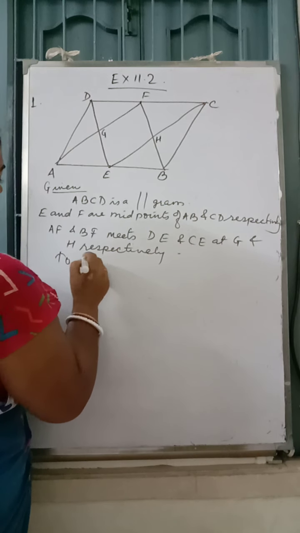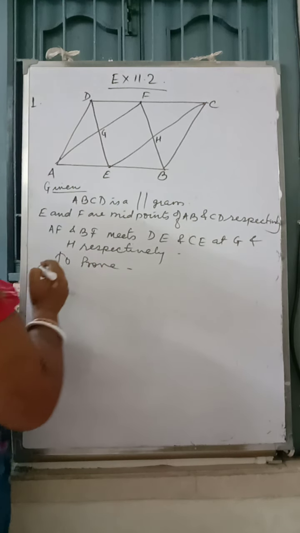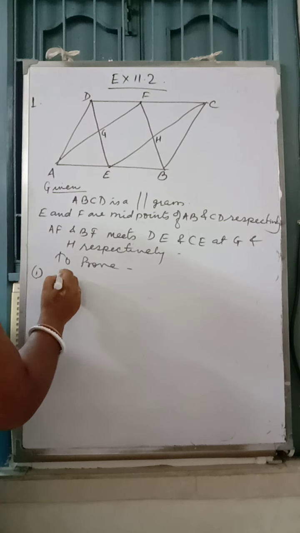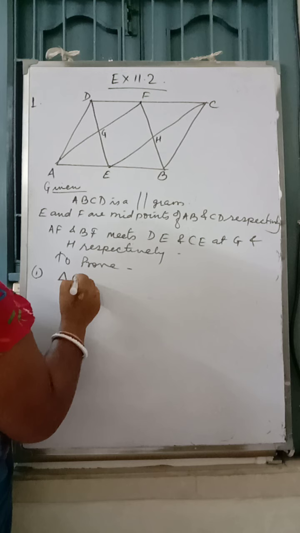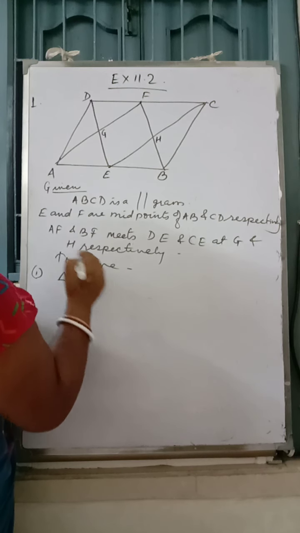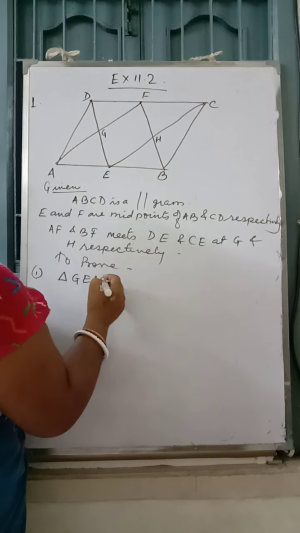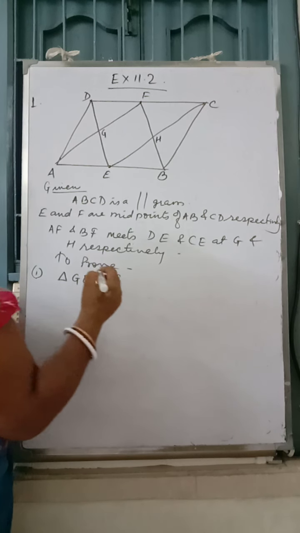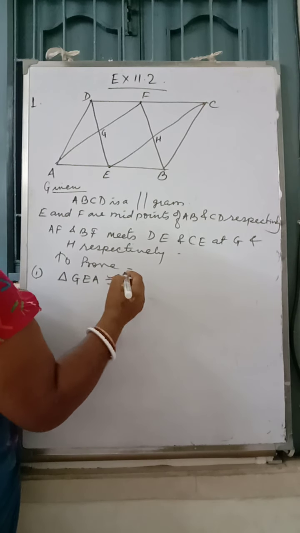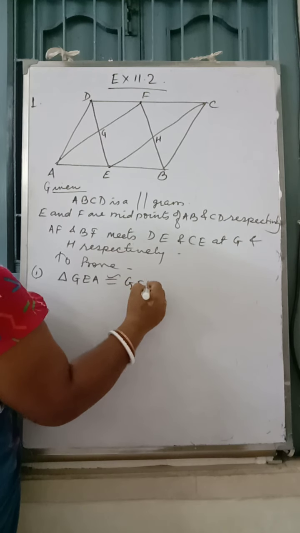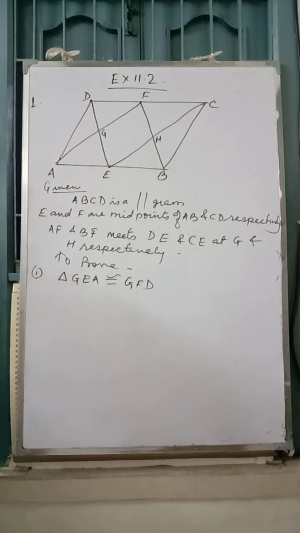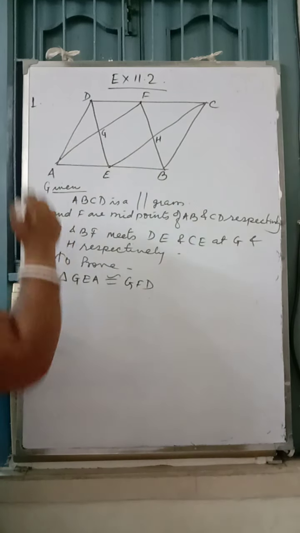To prove: triangle GEA is congruent to triangle GFD. Is it? Now we'll see the triangles GEA and GFD.